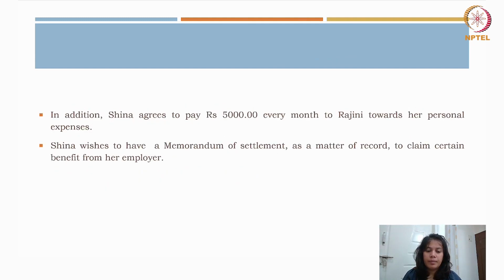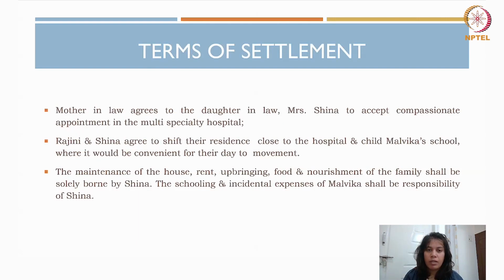Next point. So let me first explain you the earlier point so that you can jot it down till then. So now they have come to an agreement where the mother-in-law agrees for Shaina to join the job, and they have also decided to shift their residence to a place which is closer to the hospital and indeed would be closer to the school in which Malvika is admitted, so that this would be easy for their day-to-day movement as well.